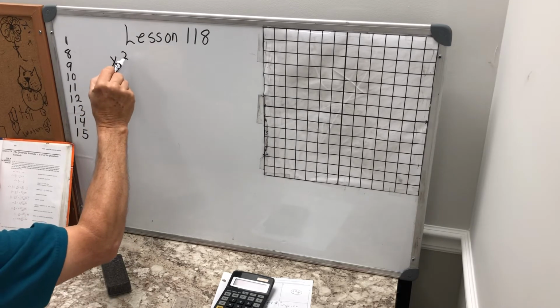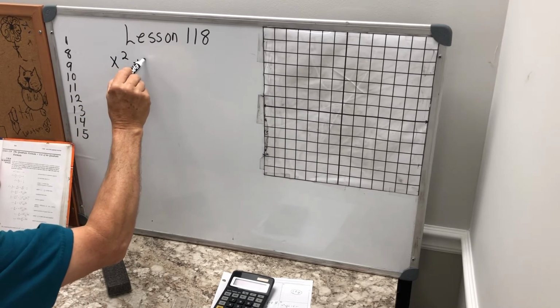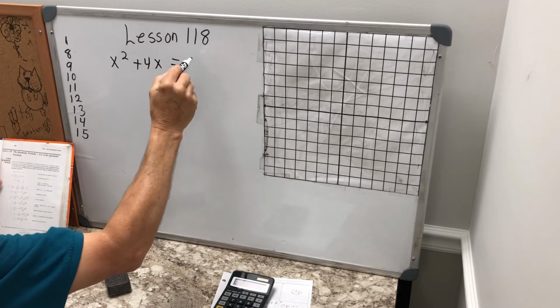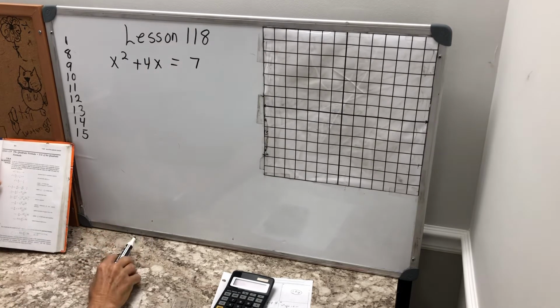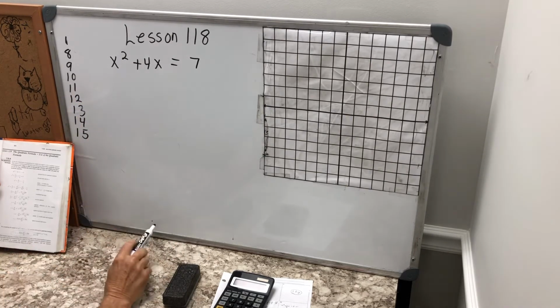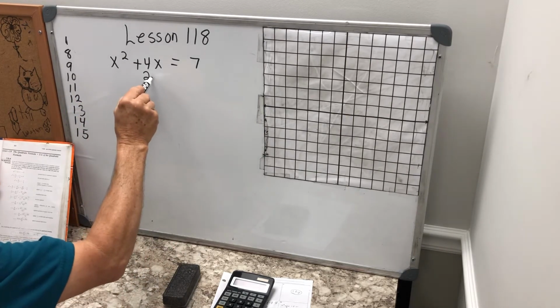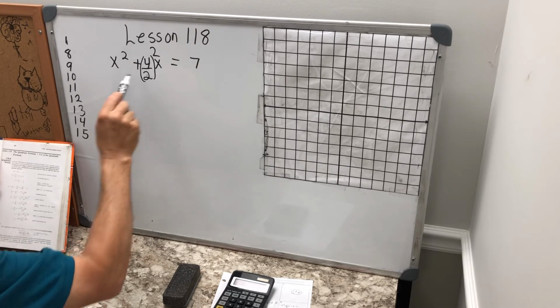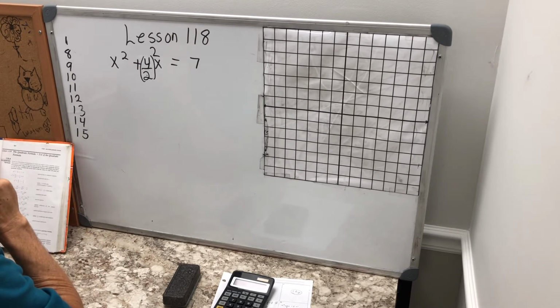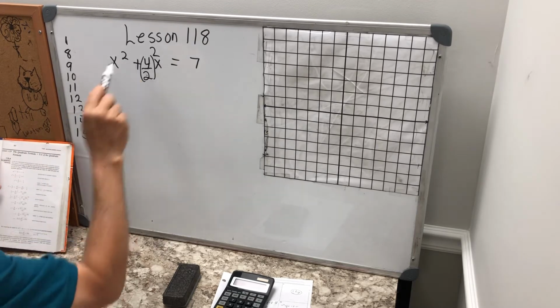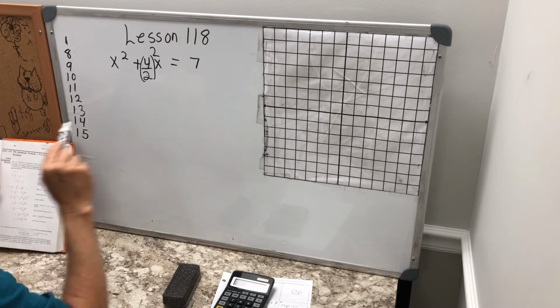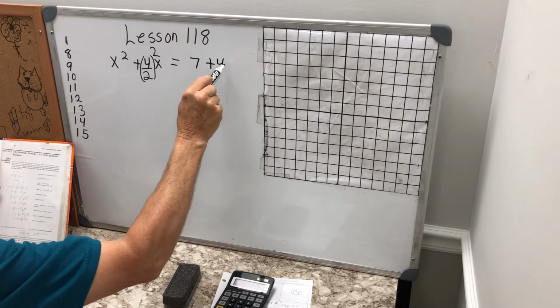X squared plus 4x equals, again on the other side is a 7. First step is always, we put the 2 underneath of this and then square it. 4 divided by 2 is what? 2. The square of 2, 2 times 2, is 4. 4 on this side.